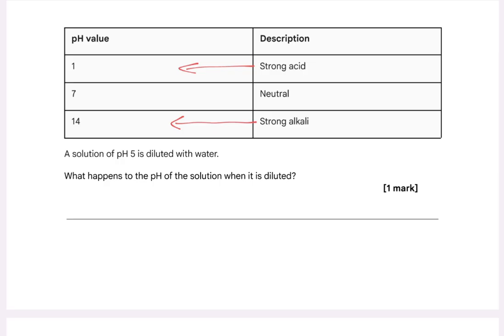Now, as a solution becomes less concentrated, the amount of acid in there becomes diluted as well. And so if a solution is becoming a more and more dilute acid, it's essentially increasing its pH. So the pH will go from 5 towards 7 by the addition of water.